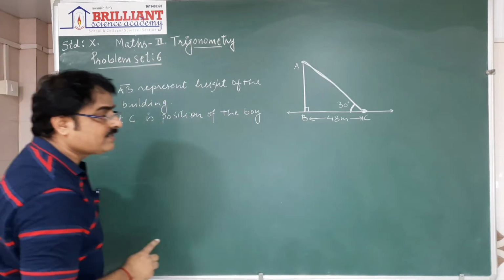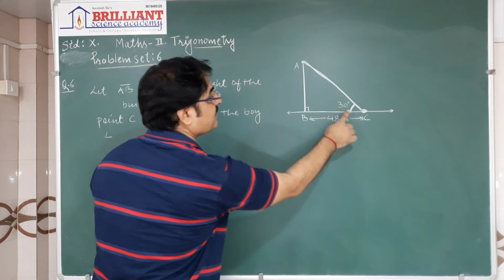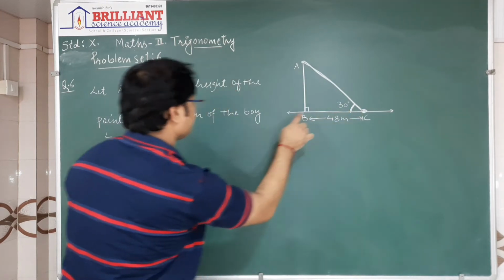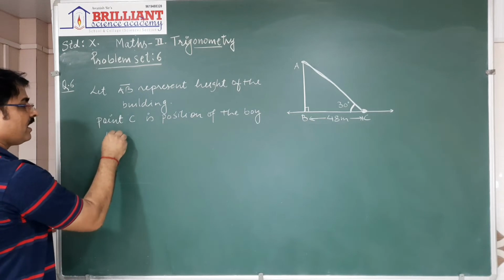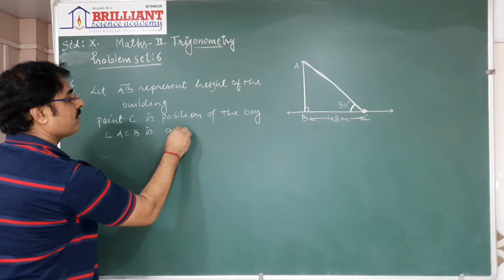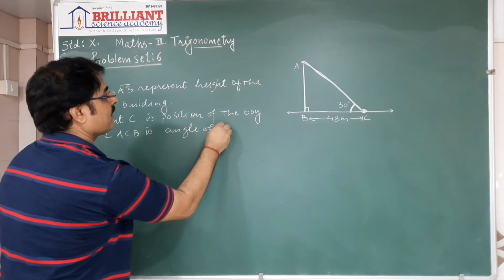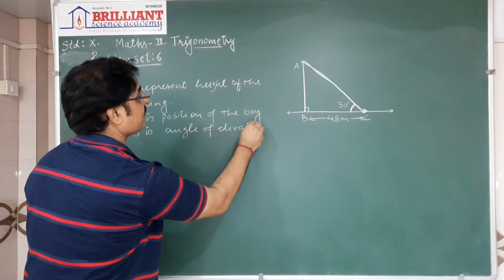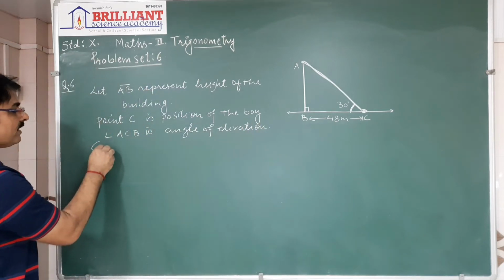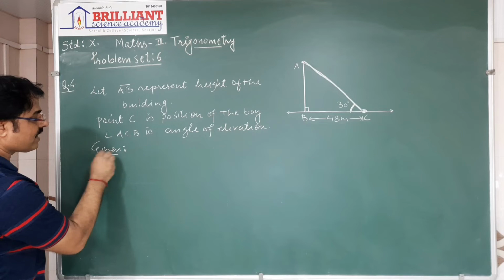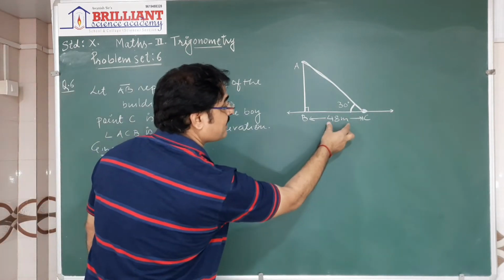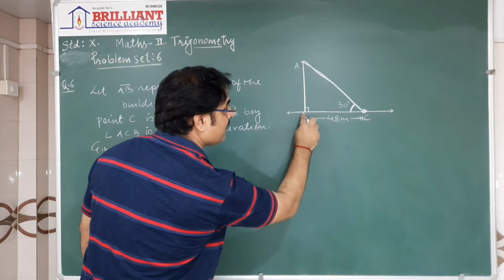And which angle is the angle of elevation? This angle is the angle of elevation. The name of this angle is angle ACB. So students, angle ACB is the angle of elevation. Now, what information is given? This boy is standing at a distance of 48 meters from the building.